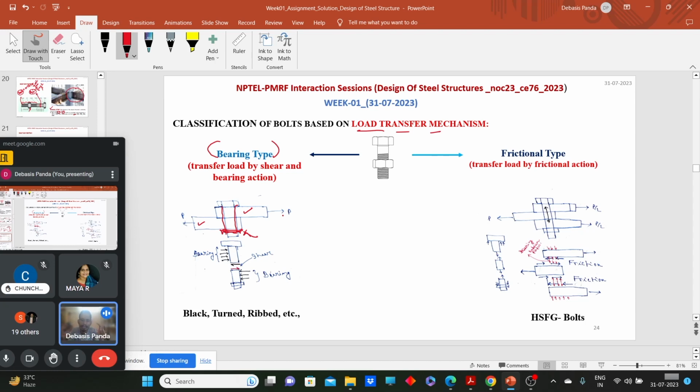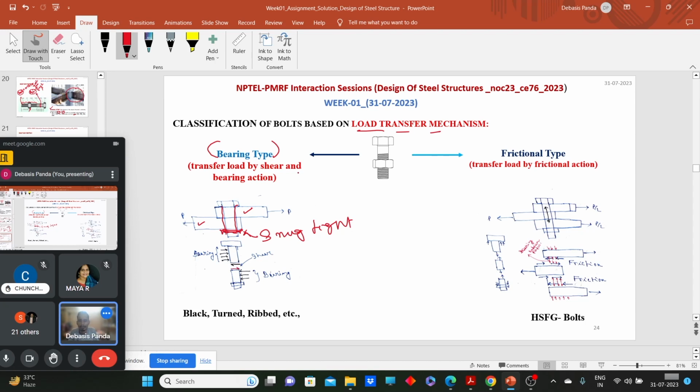That means we are not introducing any kind of initial stresses. This tightening condition is called snug tight condition. So in a bearing type bolt, we go up to the snug tight condition. That means we don't introduce any additional stresses to this bolt.